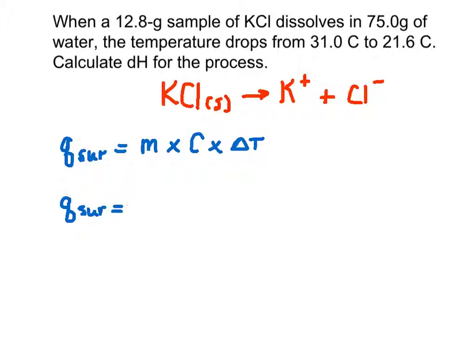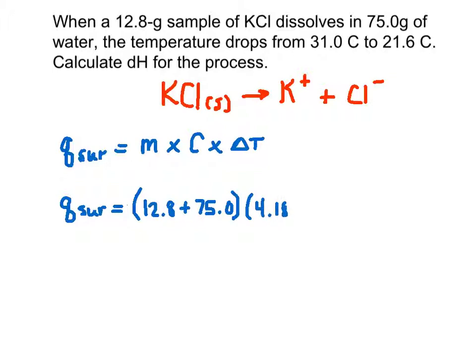All right, the mass. We have to add the two together, so maybe I'll show that. We have to take the 12.8 grams of the KCl, I'm going to leave the units out for now just to save a little space, plus the 75 grams of water. Okay. We'll multiply that by the specific heat capacity again, the 4.18.